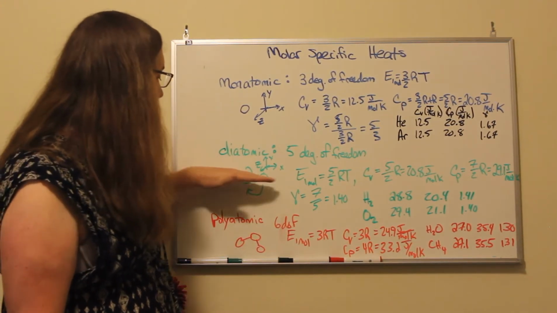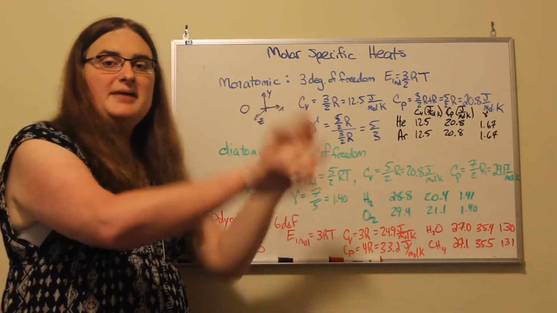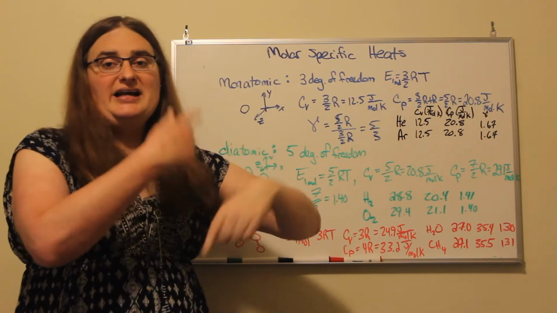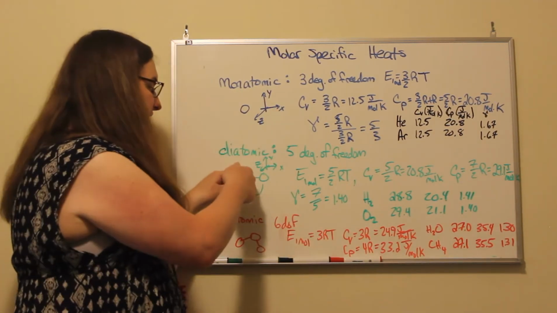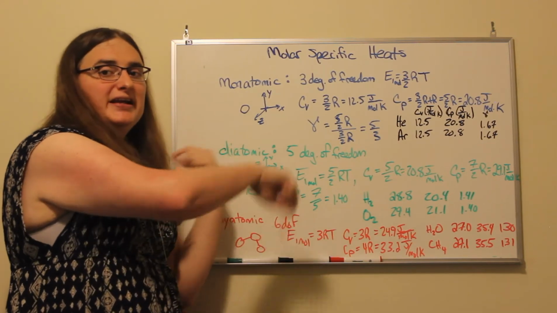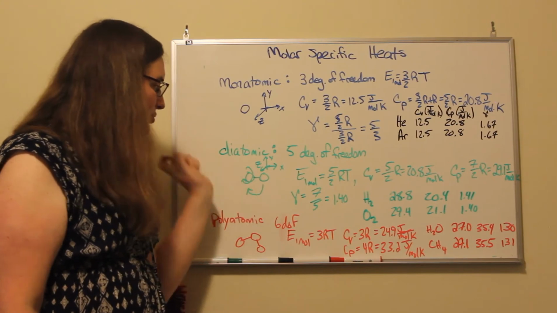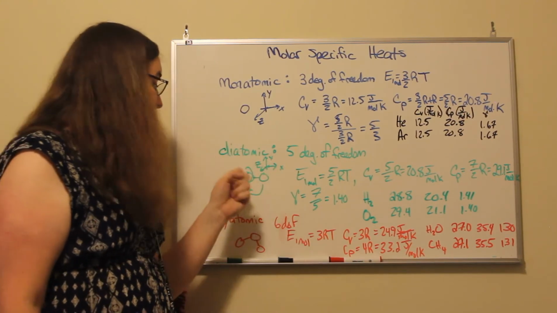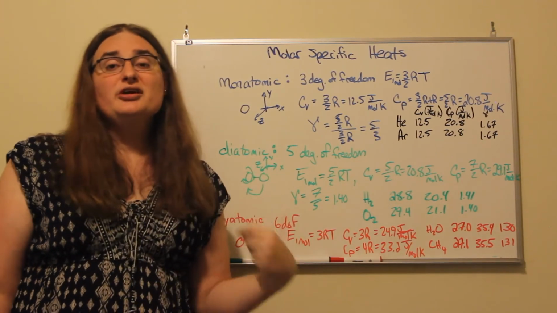One would be if we draw the line of the bond between the 2 atoms and imagine rolling around the line of that bond, that's 1 rotational degree of freedom. The other would be if the barbell was spinning around its center of mass. And even though there are 2 axes we could use for that dimension, we could use the z-axis, we could use the y-axis, those aren't unique.